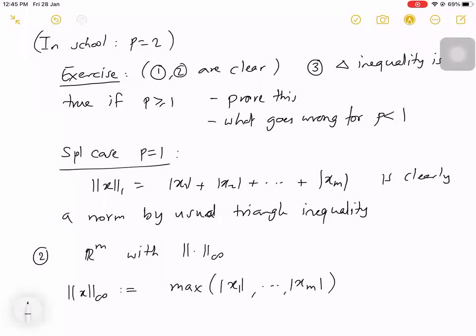So this is all right. How about the scaling part? It's okay, right? If I scale each coordinate by something, its absolute value is going to get scaled by the absolute value of whatever you scaled by. It's an unnecessarily long sentence saying something very simple.